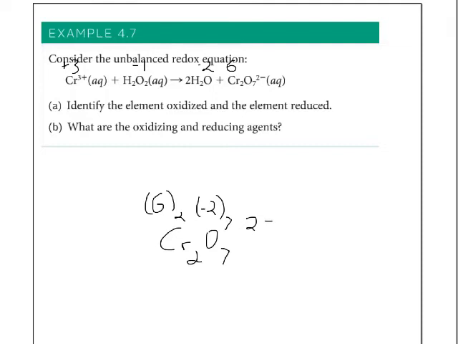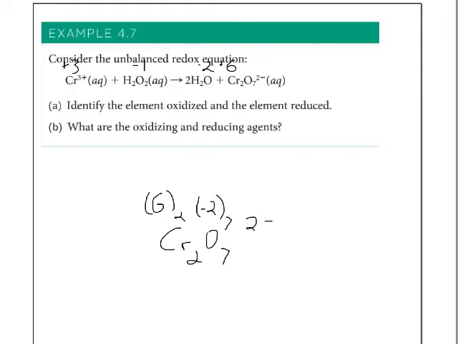Alright, so let's talk about these terms: oxidizing, reducing, oxidizing agent, reducing agent. So first of all, we can look at what's happening with chromium. Chromium is going from +3 to +6. We said when something increases in oxidation number, it's being oxidized.